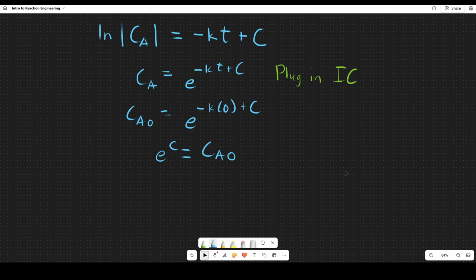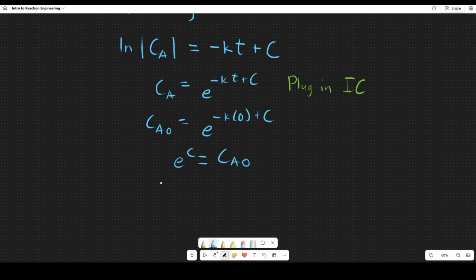If I was to rewrite the equation now, we get CA is equivalent to CA naught, sorry, not plus, multiplied: CA naught times e to the minus kt.